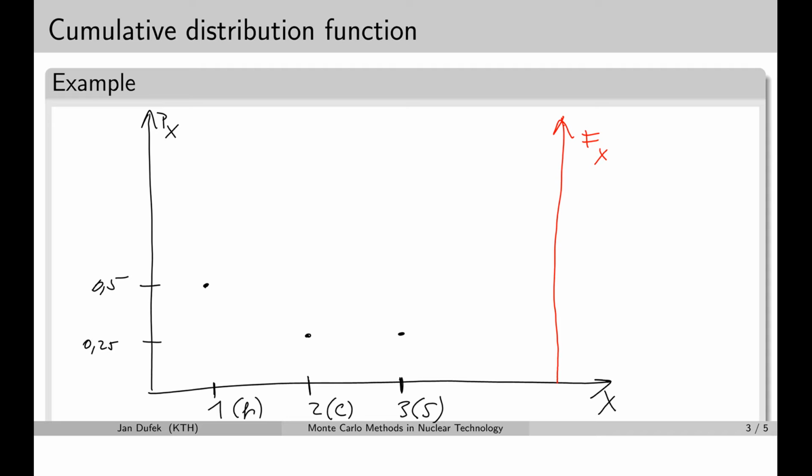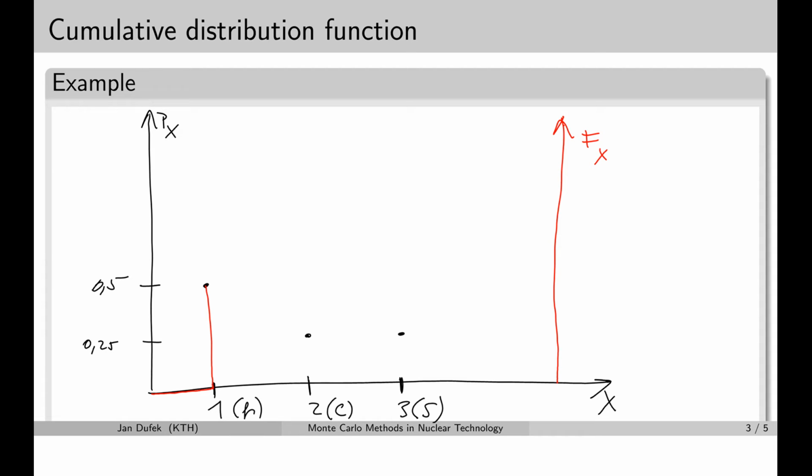So the cumulative distribution function must be 0 up to 1, right? Because we have no reaction type that would have a number smaller than 1. Then for the reaction type number 1, the probability is 50%. So from the definition it follows that the cumulative distribution function is also 50%.